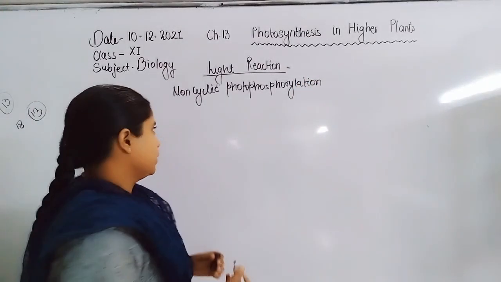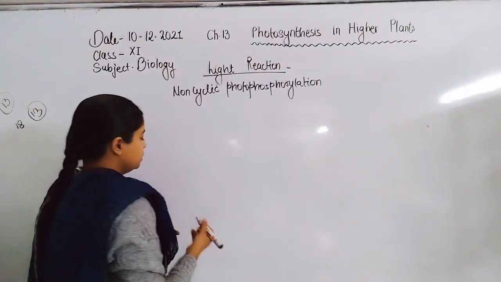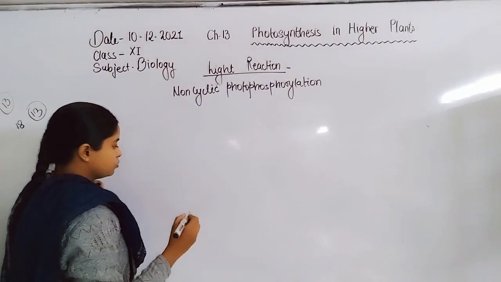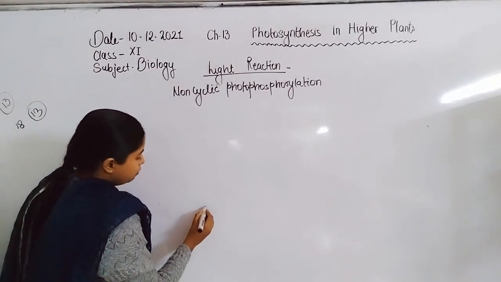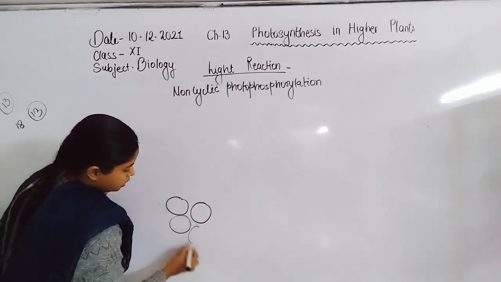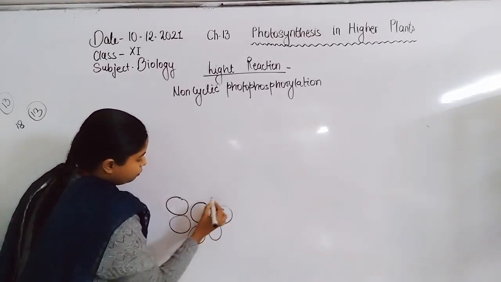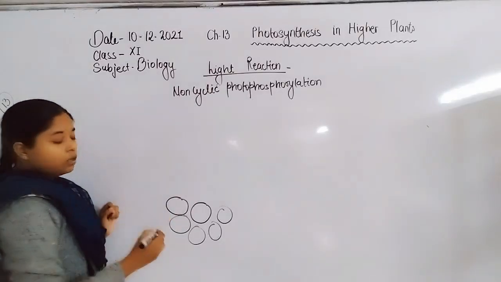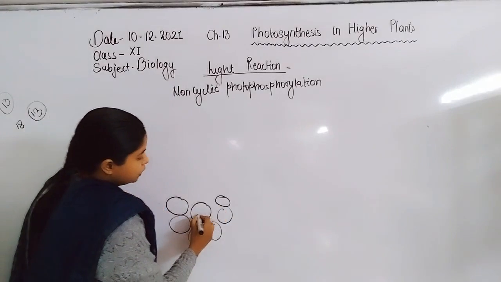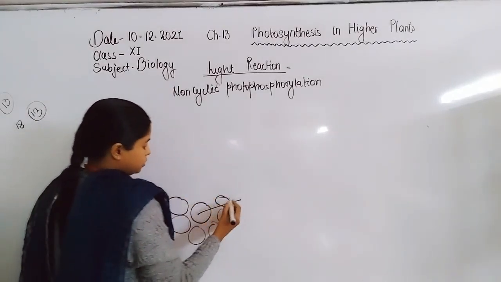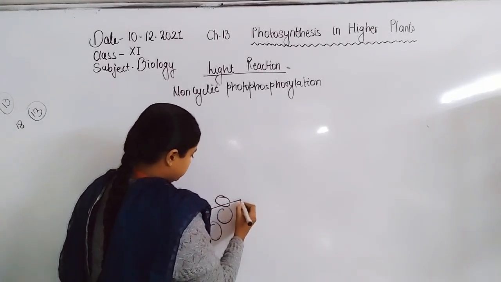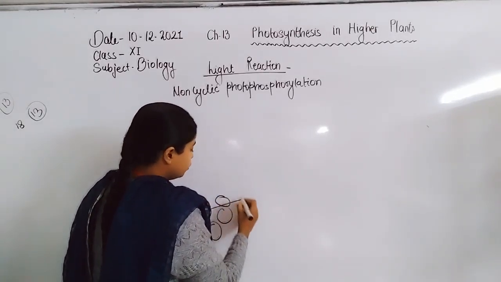Non-cyclic photophosphorylation is a synthesis of ATP and NADPH2. But first we discuss the reaction center or light harvesting complex. The light harvesting complex is formed by different pigment molecules, and these molecules protect chlorophyll A from photooxidation.